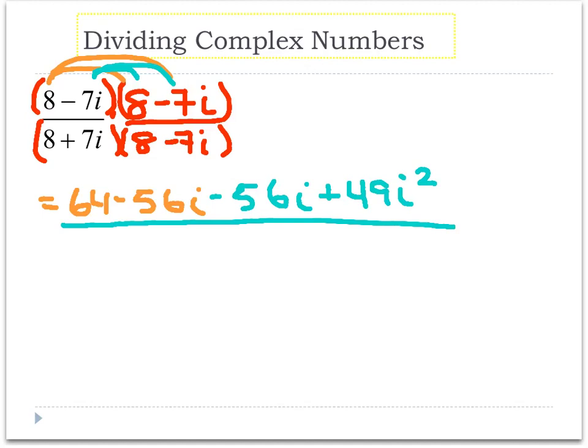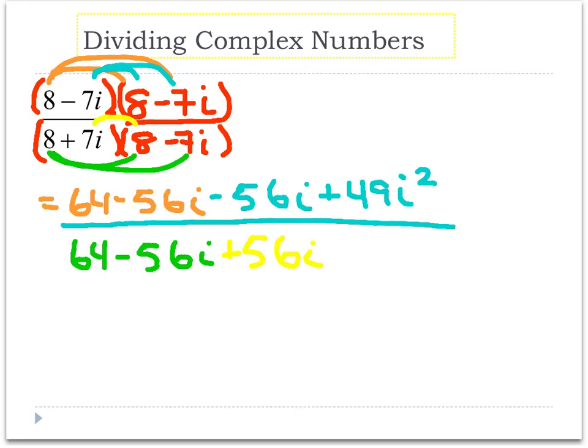Now on the bottom, don't just think that the imaginary numbers cancel each other out, okay? Make sure you distribute through. So 8 times 8 gives me 64. 8 times negative 7i is negative 56i. And then I have 7i times 8, which is going to give me positive 56i. And then 7i times negative 7i, so that's going to give me negative 49i squared.